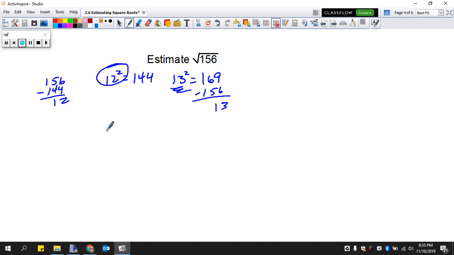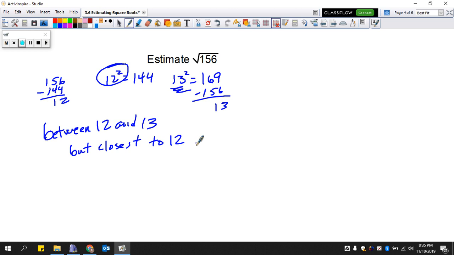So it's going to be between 12 and 13, but closest to 12. So about 12.5.